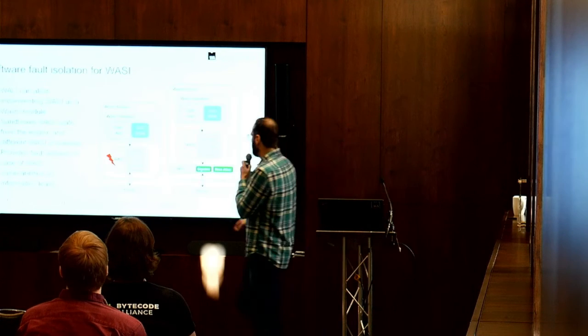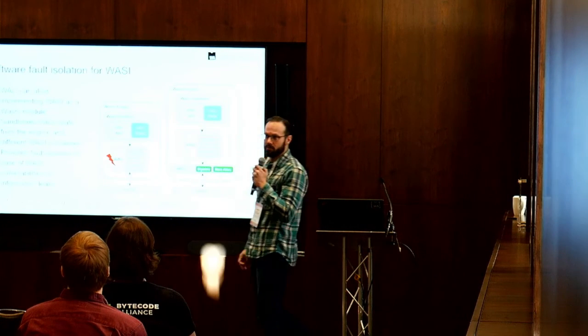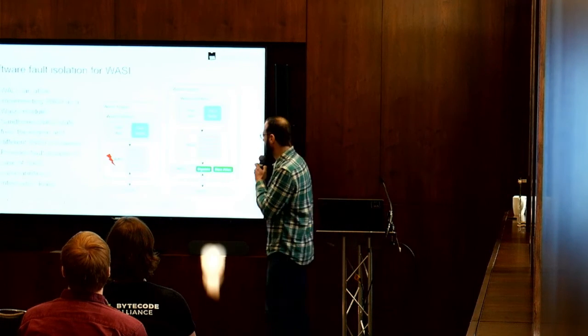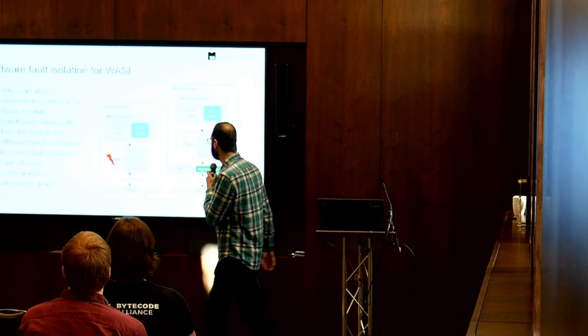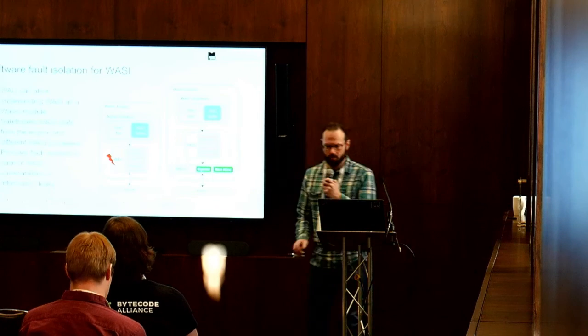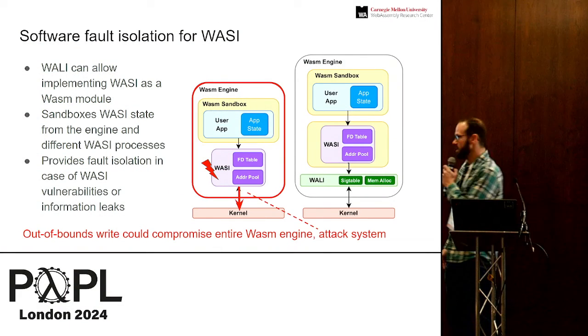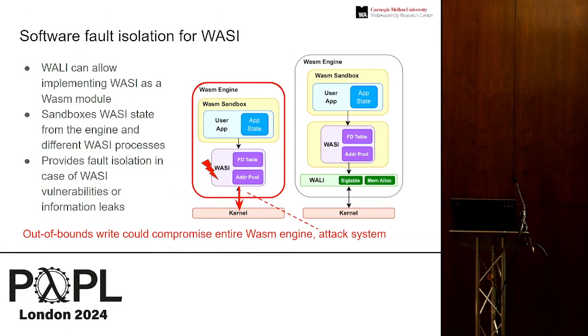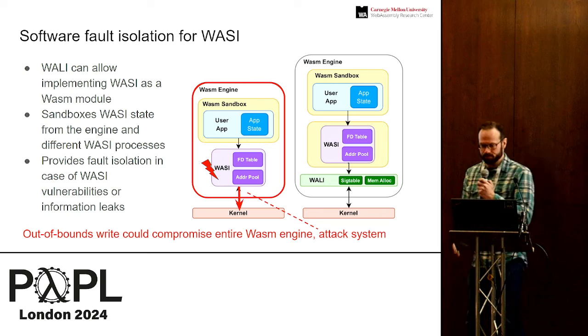If we have a bug here, an out-of-bounds write, for example, which could happen because not all of them are implemented in wonderful, safe, memory-safe languages, that means that you could compromise the entire WASM engine, which means that you can take over the entire process. And so you could do anything that this engine could do, including talking to the kernel. Now you can start attacking the system, right?